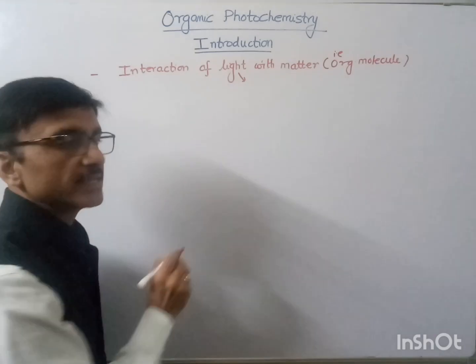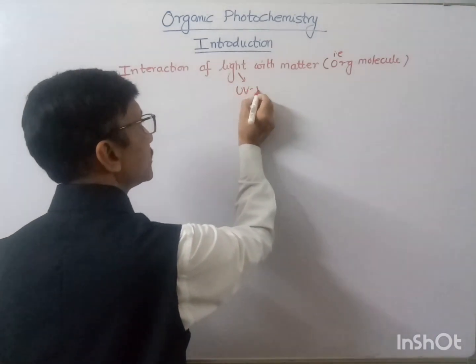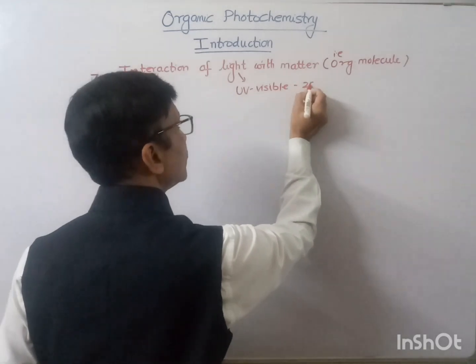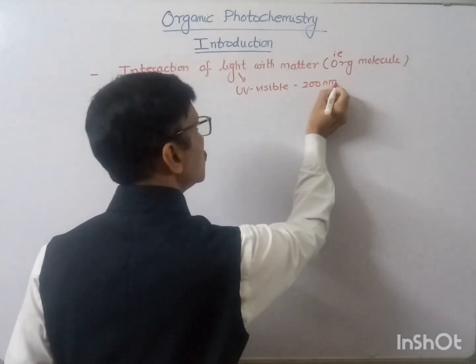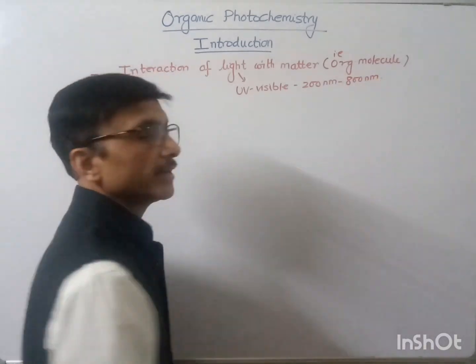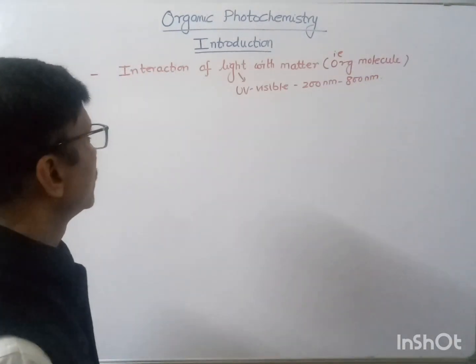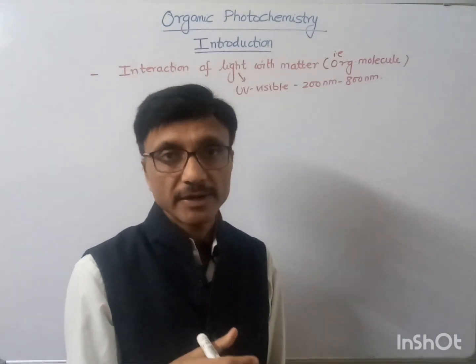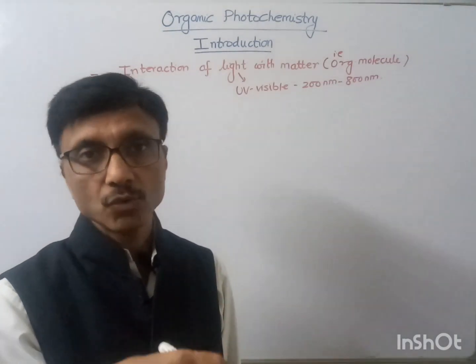The light that we use is UV-visible light, having a wavelength of approximately 200 nanometers to 800 nanometers. So light interacts with the molecule, and after interaction it will undergo activation.